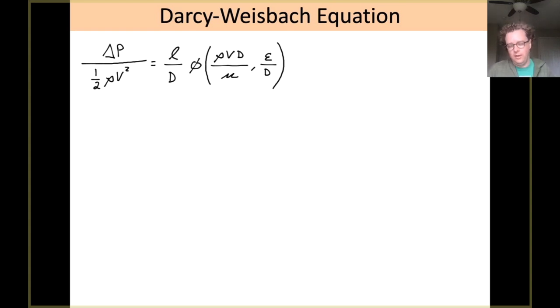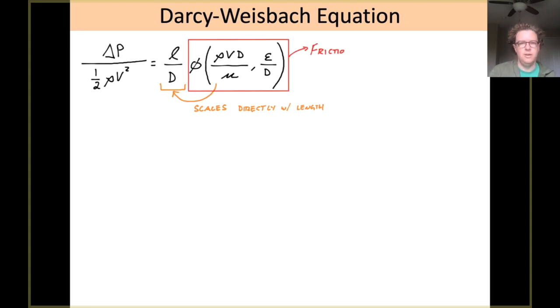You'll notice that I've taken this pipe length over diameter and I've pulled it out of that unknown. And the reason I took it out of the unknown function is what this is telling you is that energy is going to scale directly with length. You double the length of pipe, you expect to double the amount of energy loss due to turbulent flow and friction, right? So it's a direct scaling relationship.